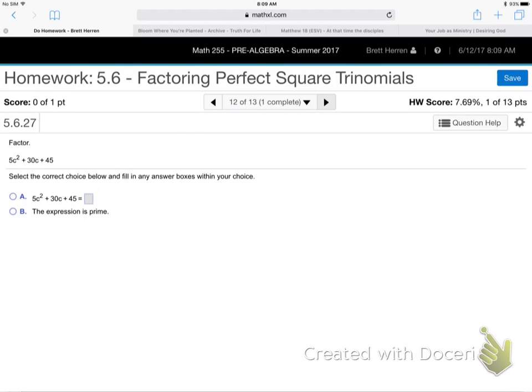All right, so 5c squared plus 30c plus 45.